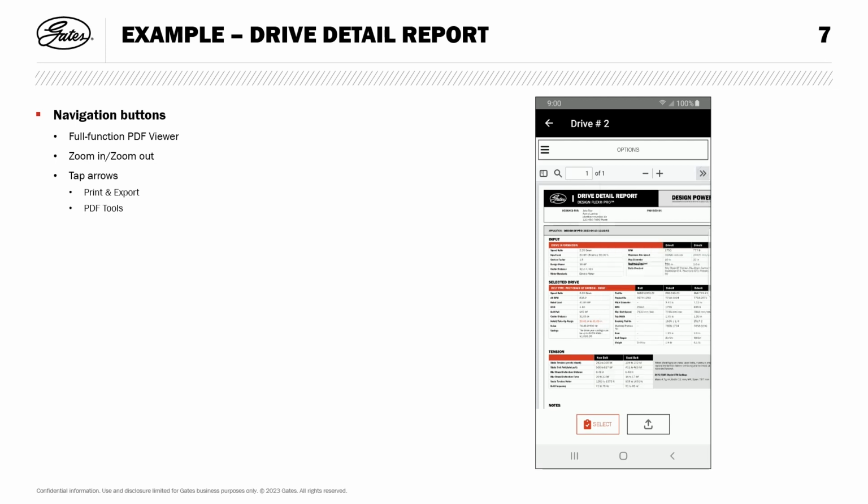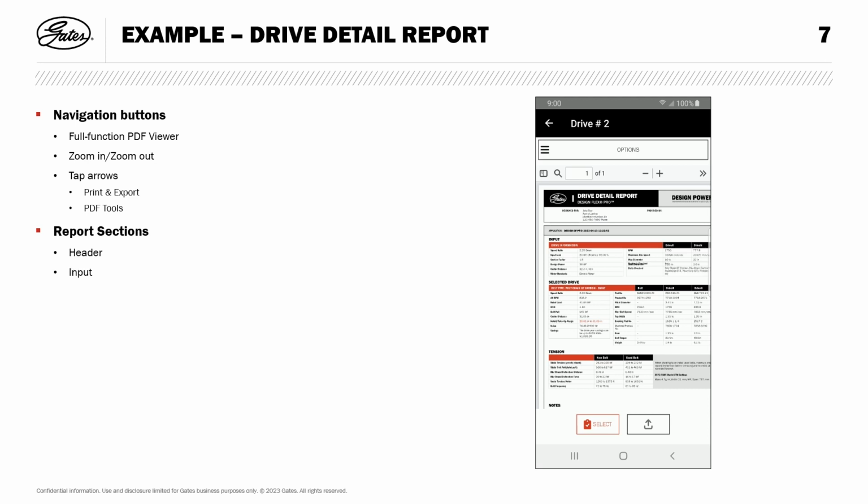While we're here, I'd also like to touch on the report content. If you've used the PC version of GDP, you'll notice that this is the exact same report you get from that version. The application is driven by the same back-end software and data as well. On the report, we have the header with customer and designer information.